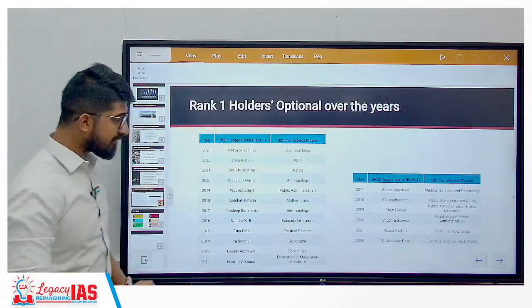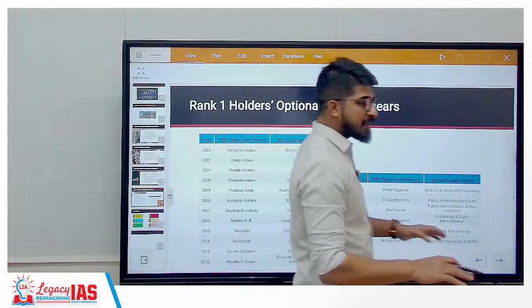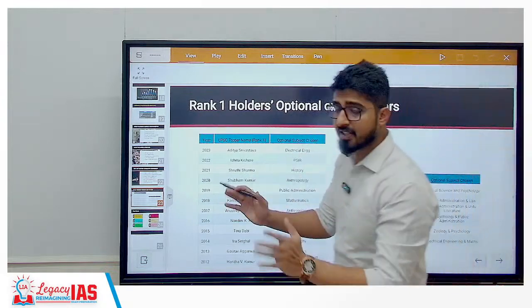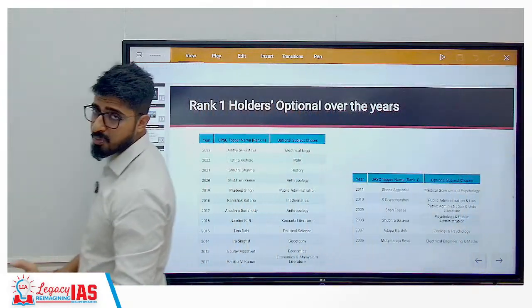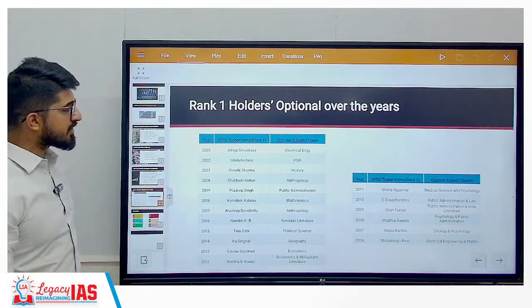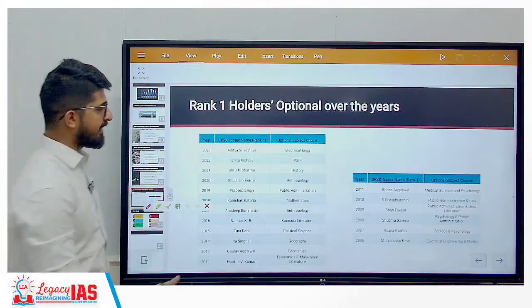Next. Now, choosing an optional, people think about what the first rank holders have chosen as optional. Just look at the varied nature of the subjects they have chosen so far.